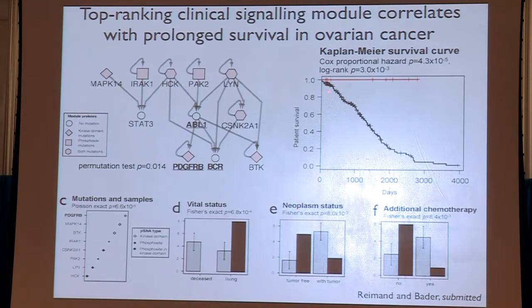For survival, we use Cox proportional hazards or the log rank statistic. For a categorical variable, we use Fisher's exact test. We ask whether the genes in this neighborhood are correlated with the clinical variable. If they are, we keep that part of the neighborhood. If they're not, we throw it away and look at another part. So we build up a little neighborhood around a gene, focusing on the mutations that are correlated with the outcome.